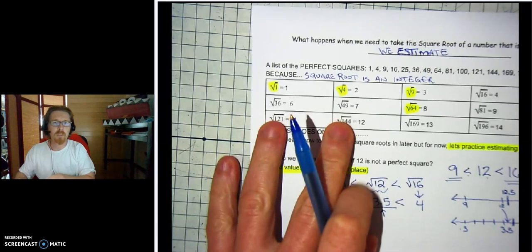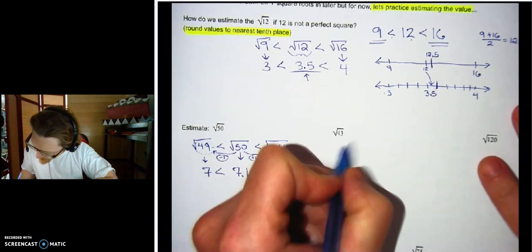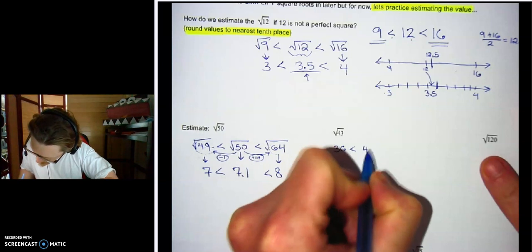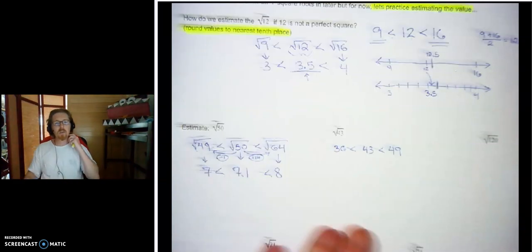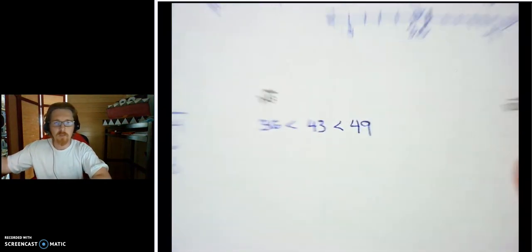Let's look at 43. So checking my perfect squares, I see 36 and 49 are the surrounding perfect square numbers. So I know that 36 is less than 43 and 43 is less than 49. So my numbers are going to be in between 36 and 49.